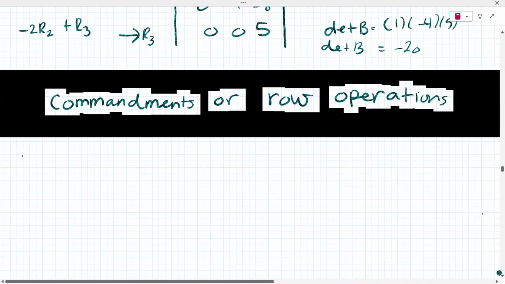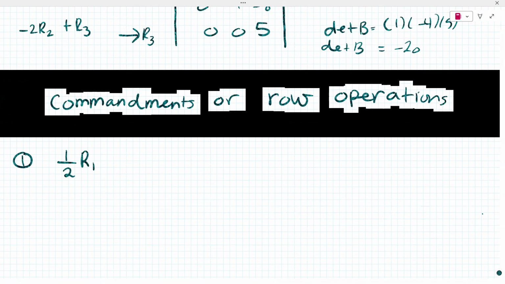Okay, so our first commandment was 1/2 row 1 gives us row 1. So we definitely scaled our row, and this scalar was related to our new row, so that kind of changes it.